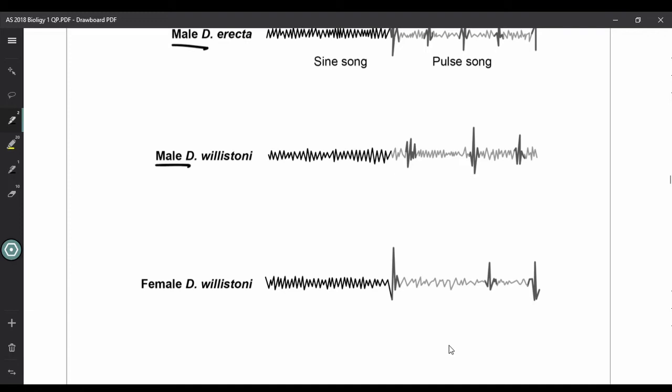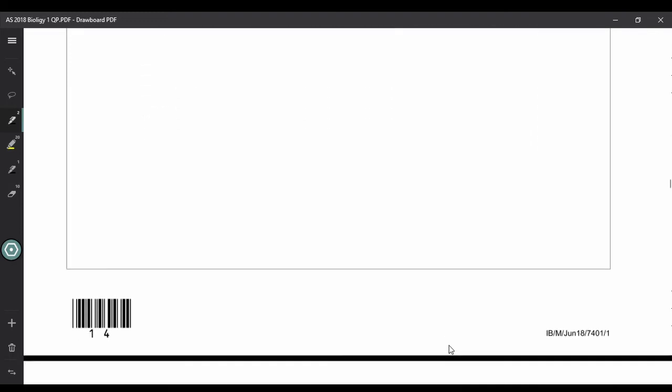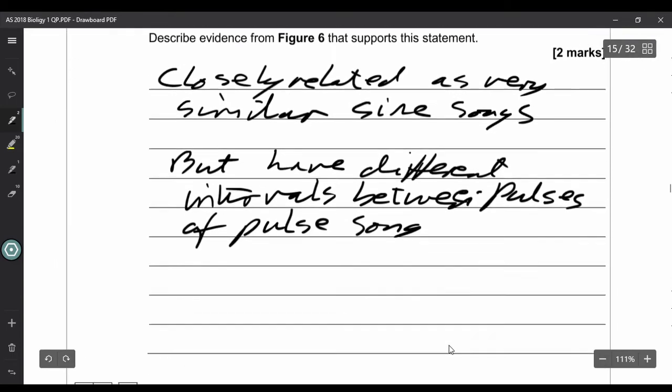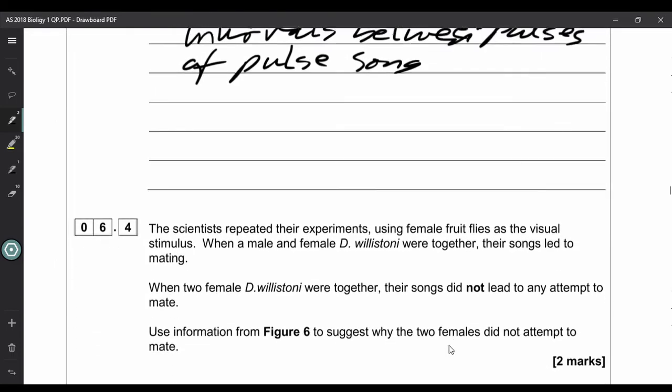So in the female, we've got a long gap between the first and the second, and then we've got a shorter gap to the third. So we can see how the male and the female songs are different. So we need to explain that and why that difference wouldn't lead to mating.